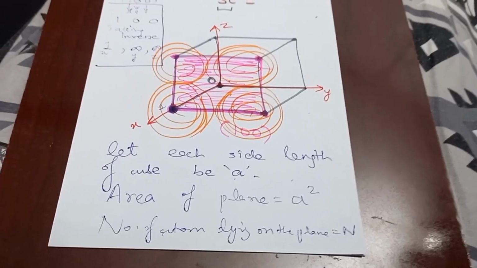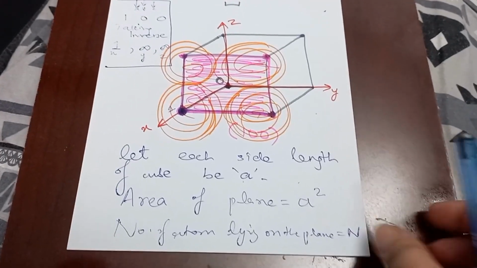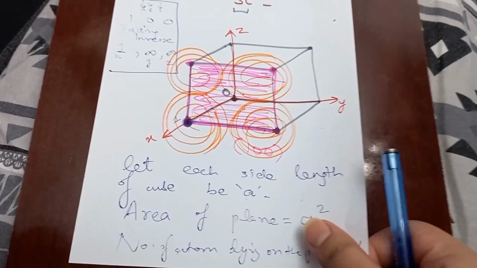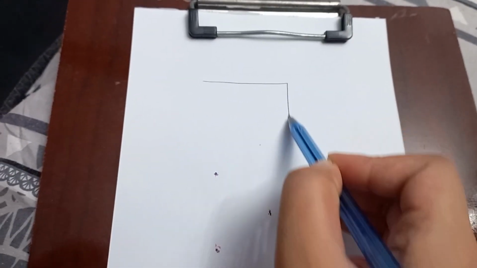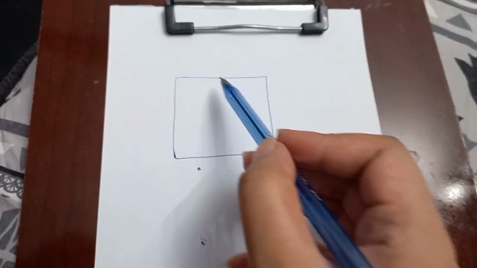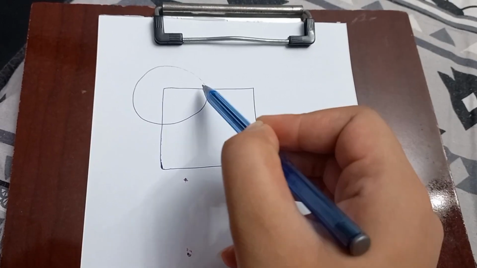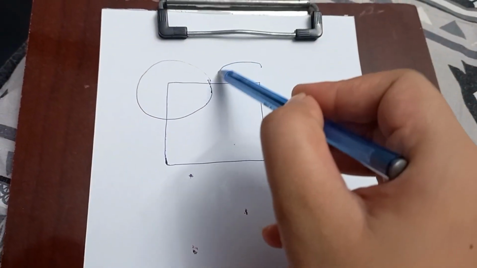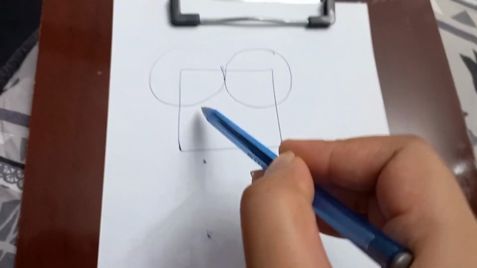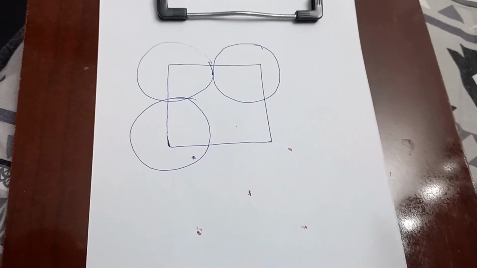Now let's calculate it, and let me draw another figure for that purpose, because I need to elaborate some of the key aspects of this figure. This is the plane, okay, and as I have drawn it, there is a circle here. Plane is a 2D thing, and it includes a 2D part of an atom as well.